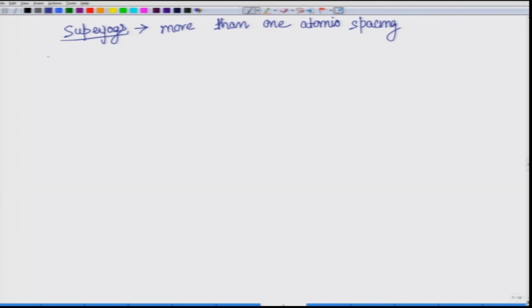And there are 3 categories that you can put. First one is when the height is a few atoms. So, it is more than 1, but still only a few atoms spacing.